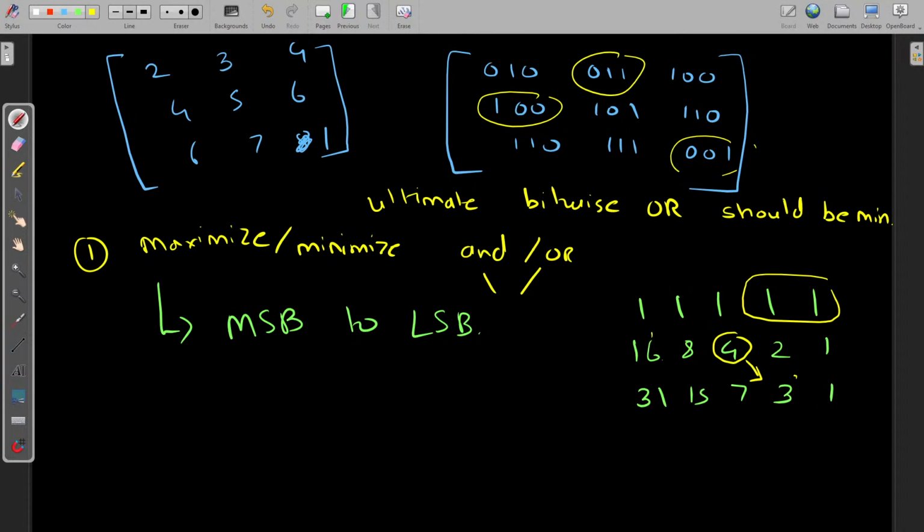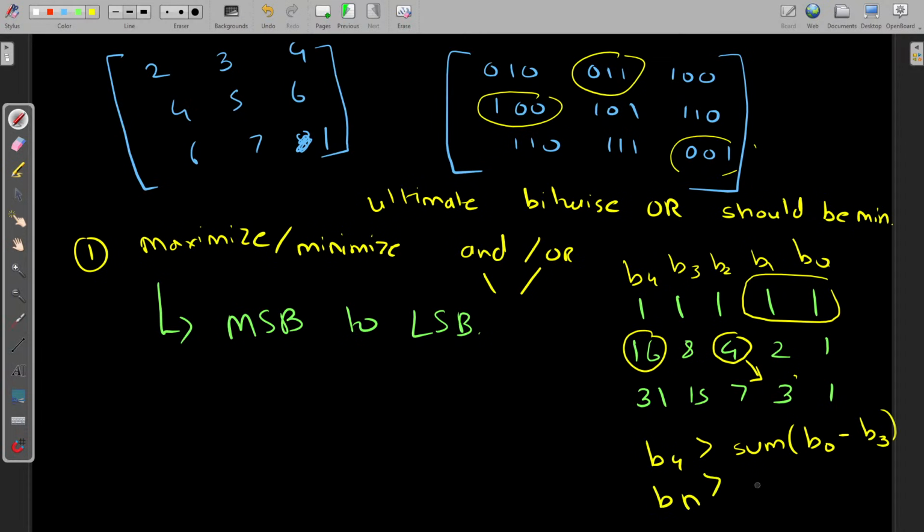Similarly, this is B4, B3, B2, B1 and B0. The value at B4 would always be greater than the summation of B0 to B3. Generalizing this, the value at Bn is greater than the sum of B0 to Bn minus 1. This is always true.